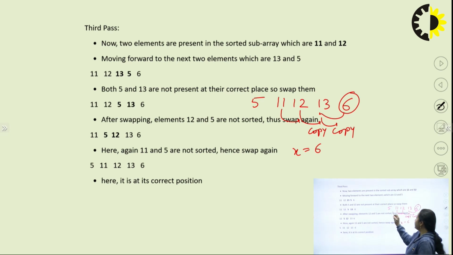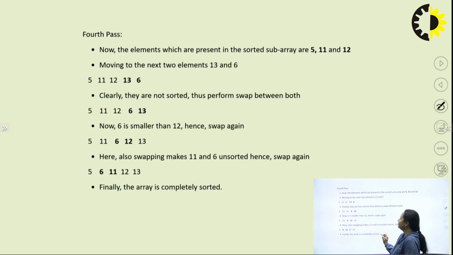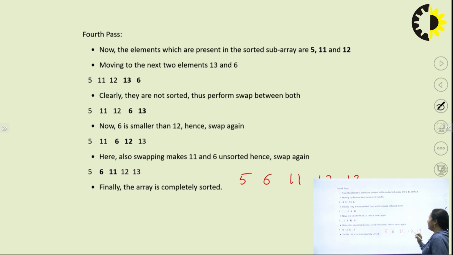And after that, 6 is compared with 5. 6 must come after 5, which means the correct position of 6 is this. So, after this, we receive 5, 6, 11, 12 and 13, which means the list is now in sorted order.